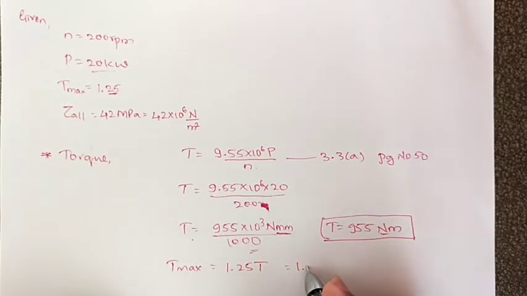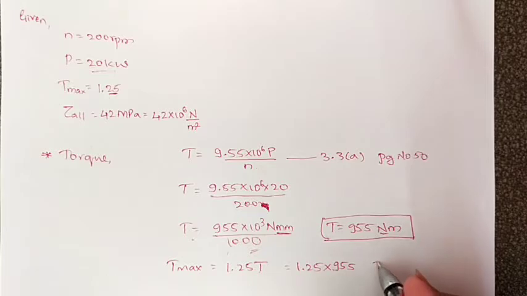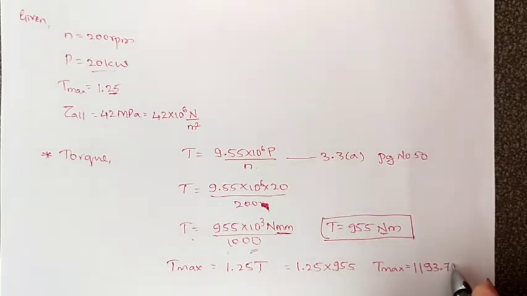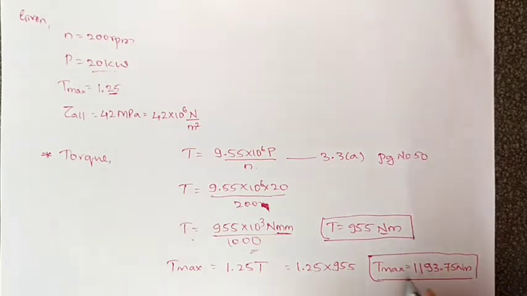So 1.25 into T, 955. Just substitute this 955. So you will get T max is equal to 1193.75 Newton meter. So this is the T max value you will get.